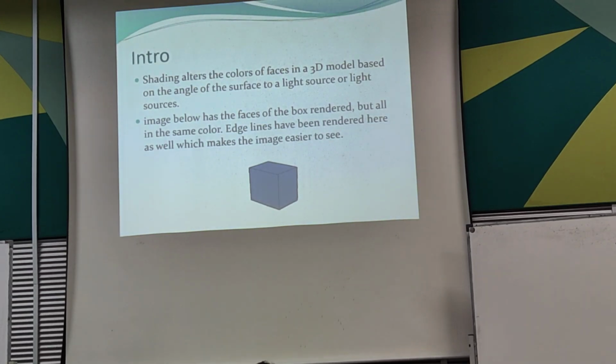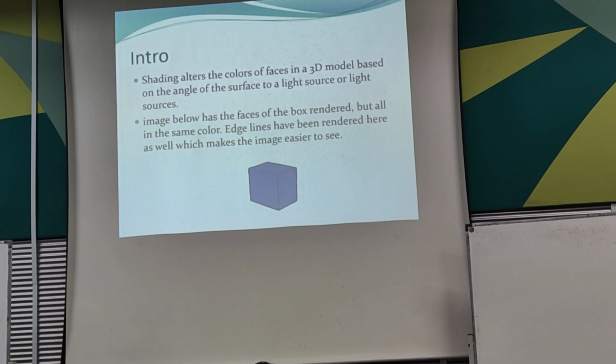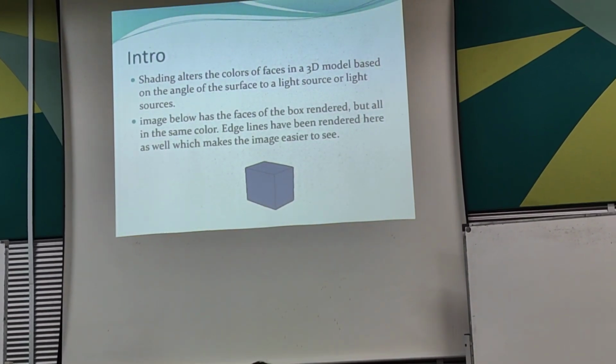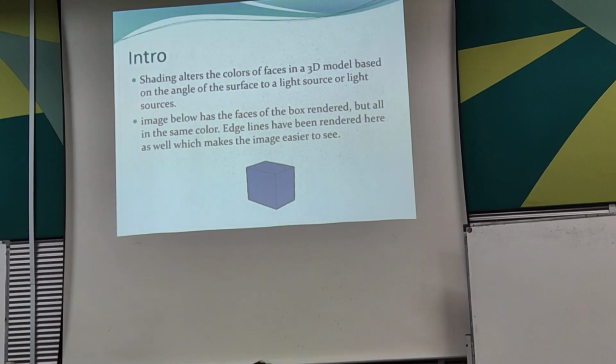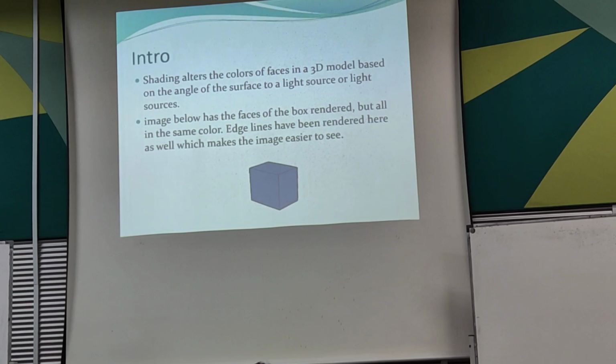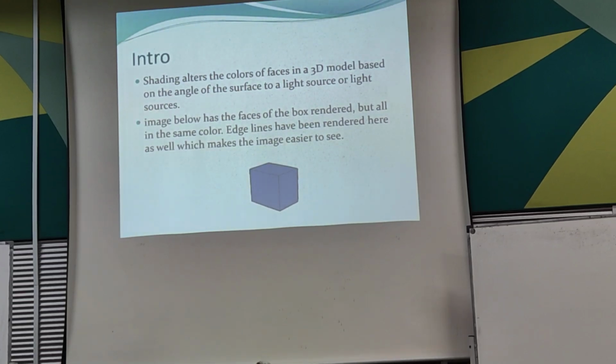So why do we need shading? Shading is also one of the techniques that can make your objects look 3D. Last time, this looks like the cube that we drew during practical 4.